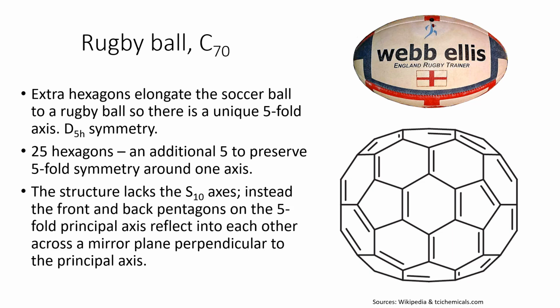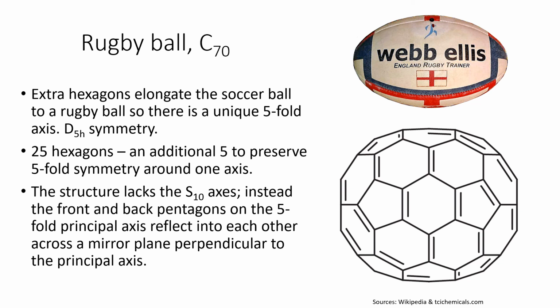And so for that reason, we actually lose the S10, the improper axes of rotation in the rugby ball. And so we've got this much simpler arrangement, the so-called D5h arrangement. So it's this dihedral symmetry where we've got a mirror plane connecting the top and the bottom pentagons.